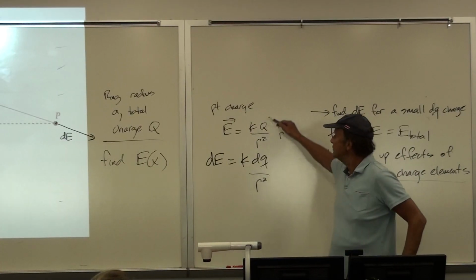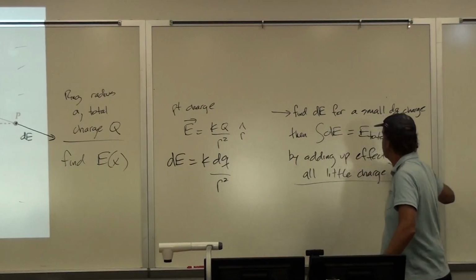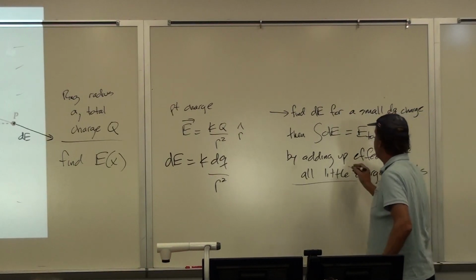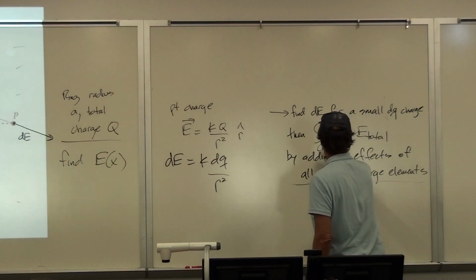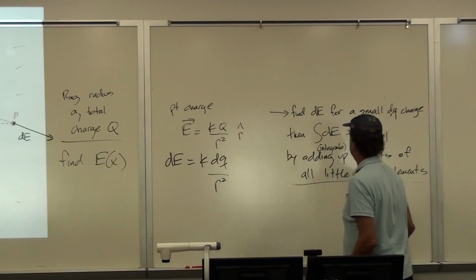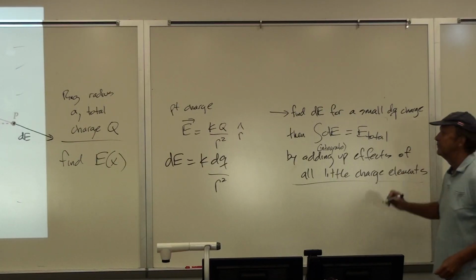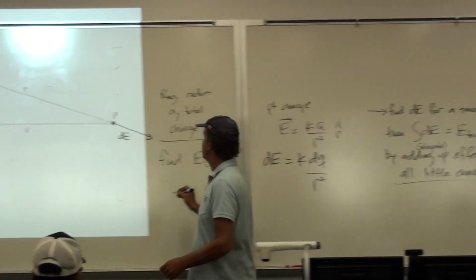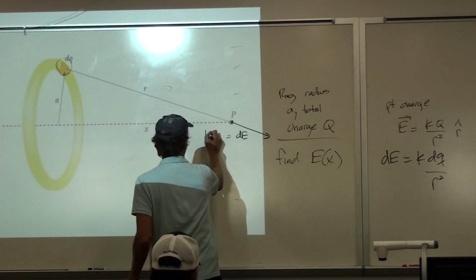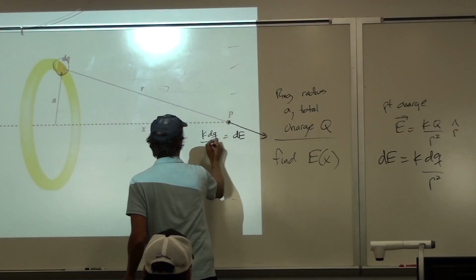Okay, but this is where the calculus comes in, is that we have to add these up. By adding them up, I mean integrate. I have to integrate all of the effects of the little charge elements to get the total. So dE here is going to be k dq over r squared.